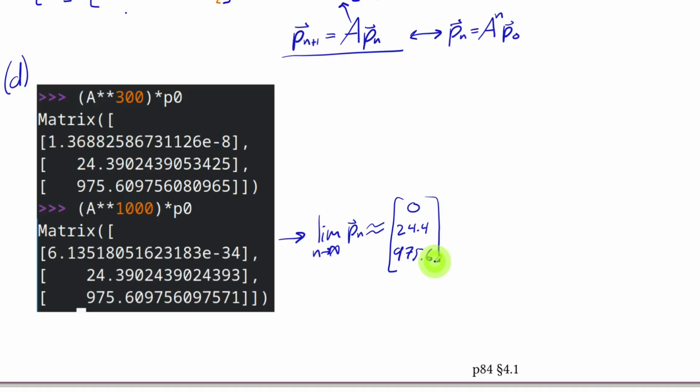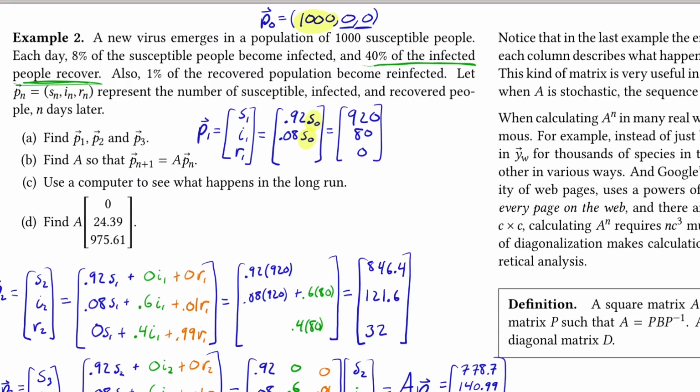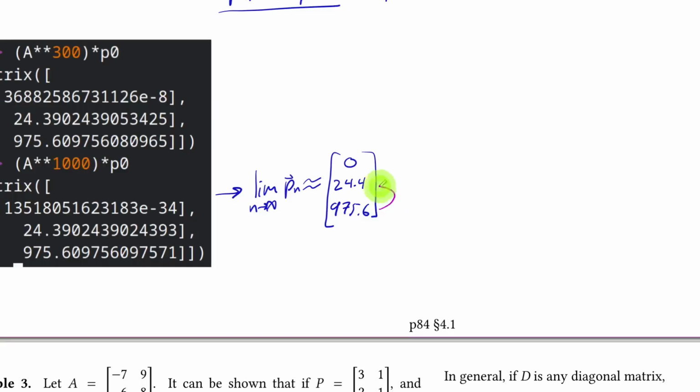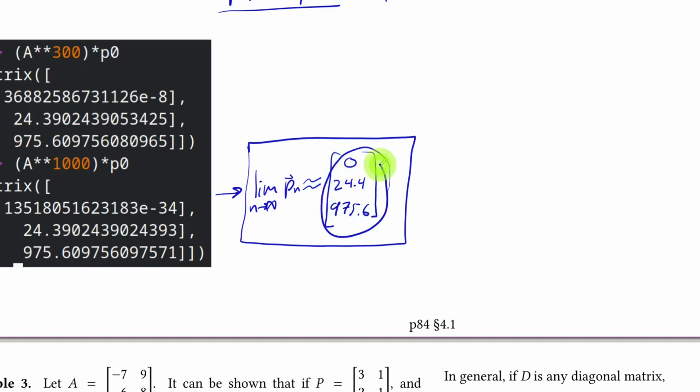Now maybe that kind of makes sense that there's going to be this equilibrium where 1% of the recovered people are always getting reinfected, and then some of them are becoming recovered again. And this is like a point where it all balances out. Now, like I said, when we get to eigenvectors and eigenvalues, we are going to see how to calculate these numbers just based on the matrix.